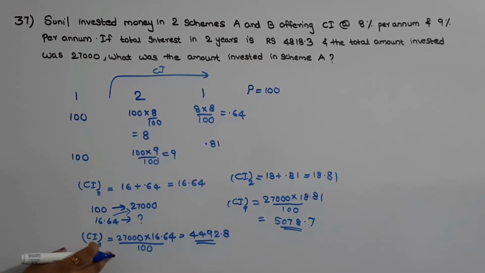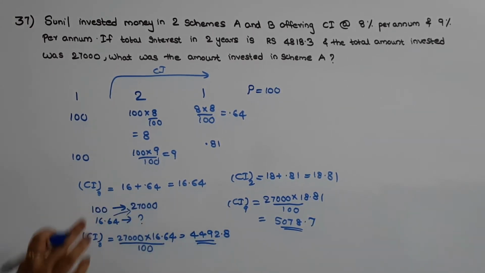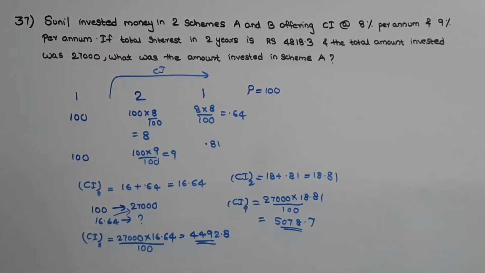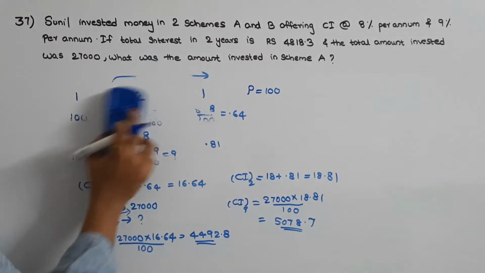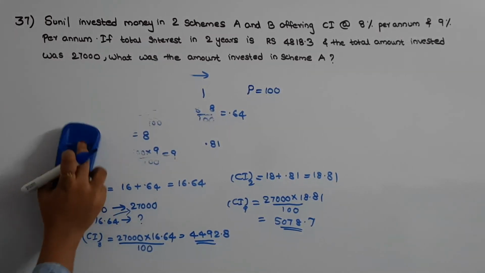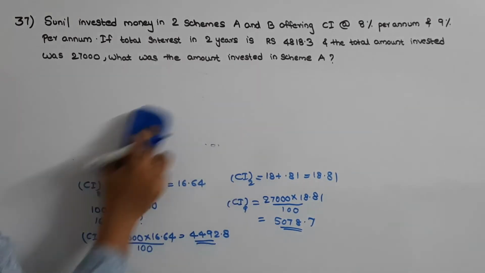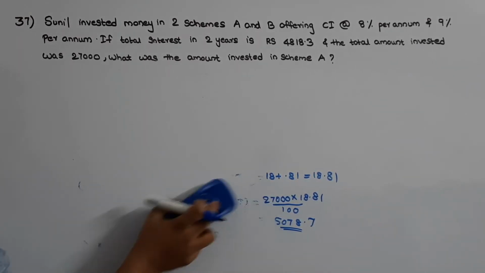Now we got the compound interest in both cases. So once you get the compound interest, you can do the alligation method. Now let us find the ratio of the principals by the alligation method.